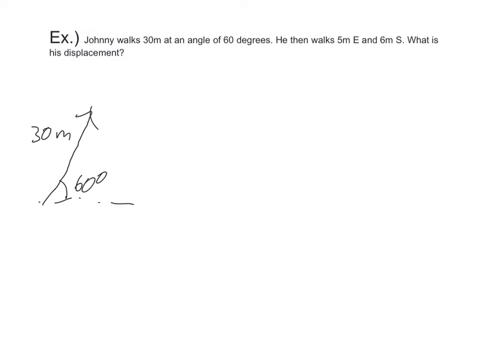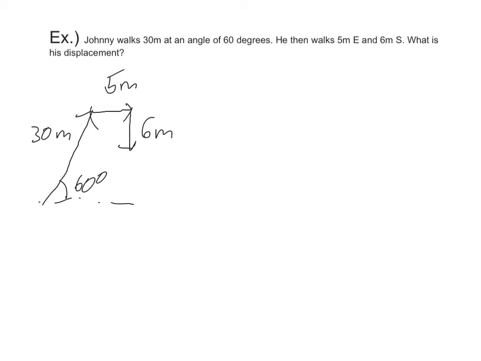So there is my first step of my journey, which again is 30 meters at an angle of 60 degrees. Next, he's going to move 5 meters to the east. So starting where my first leg ended, I'm going to draw a second vector pointing to the east. That is 5 meters. And lastly, he turns and goes 6 meters south.